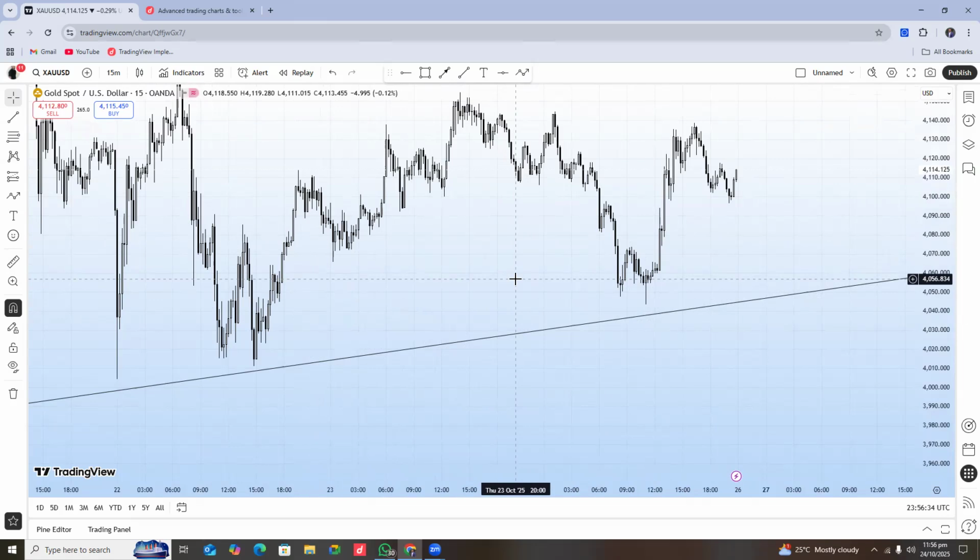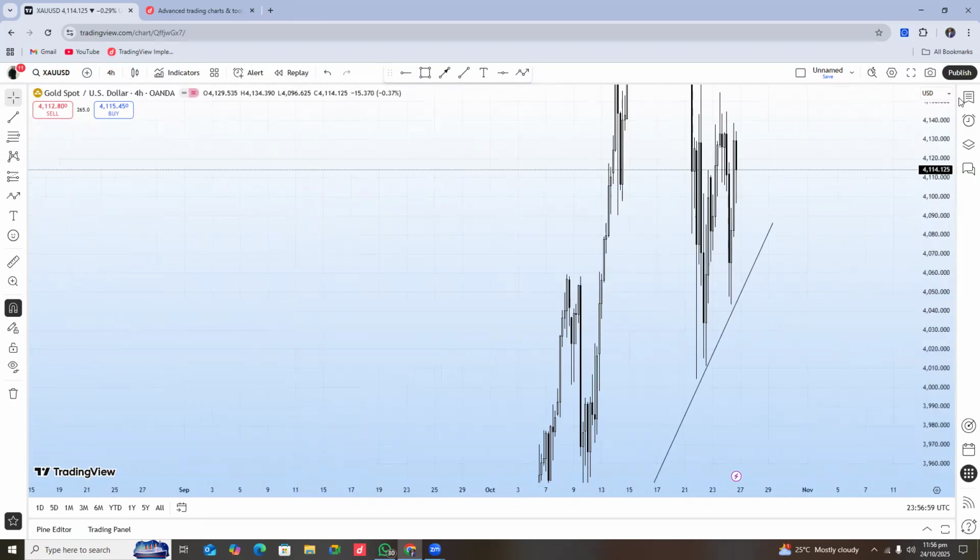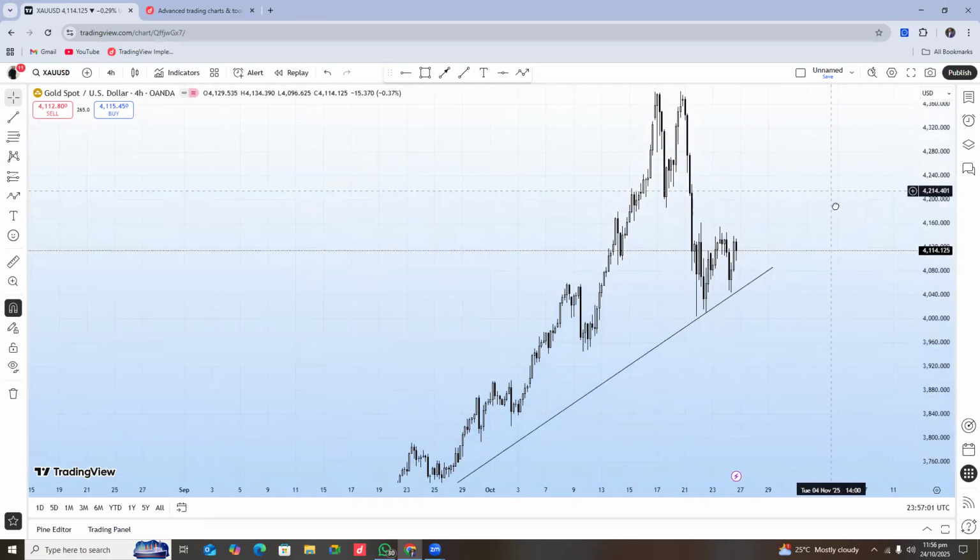I'll add three more or so, then you'll be good to go. So we bought because price came around this trend line, changed character here, so we knew it was time to buy, and we took our buys from here. So this is that for gold.